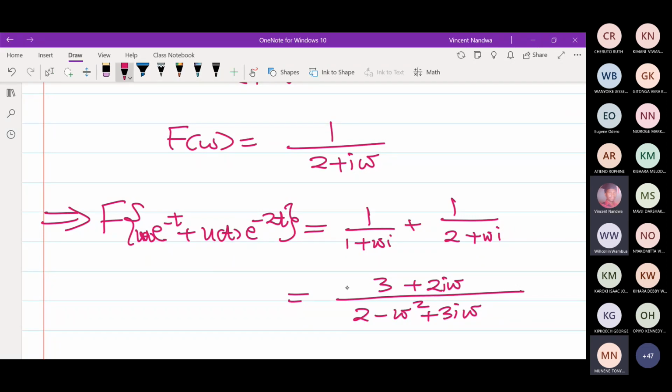So this will be the final answer to this problem. Just the same way we interpret linearity in Laplace transforms is the same way we do it for Fourier transforms.